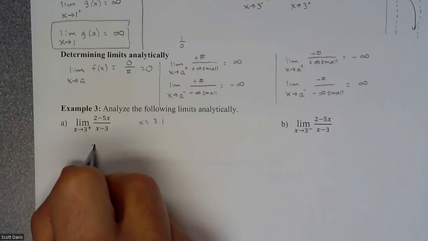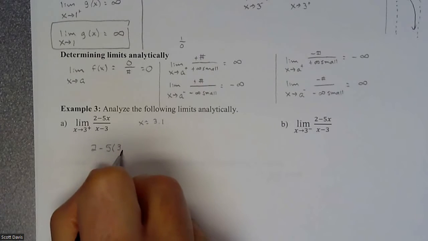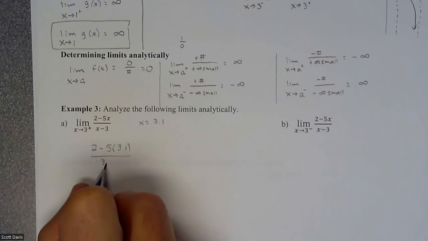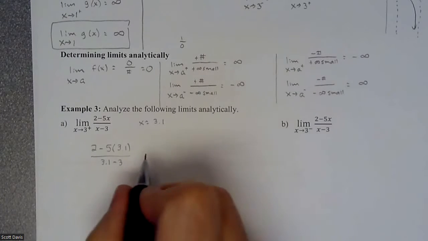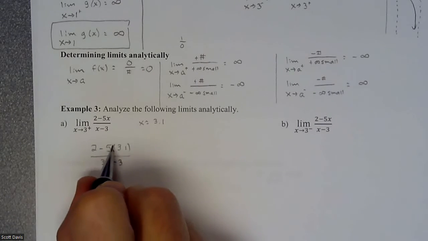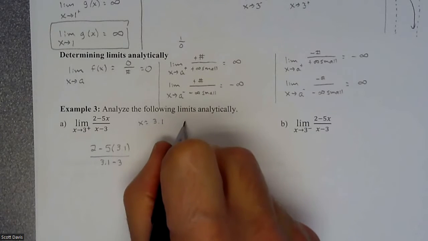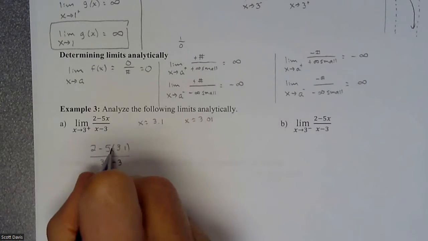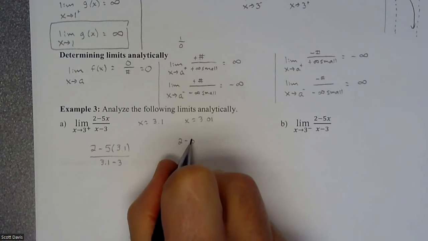On the top, you're plugging in 3.1, and down at the bottom you're getting something like that. If you plug in 3.1, this is basically about 15. If you did 3.01, you're getting even closer to that value being 15. So I'm going to treat it like it's a 15.